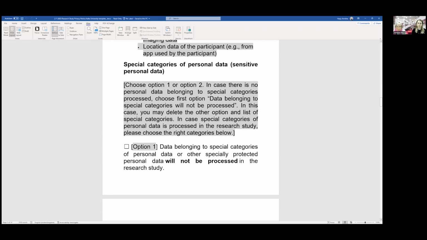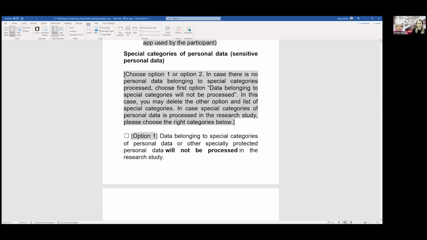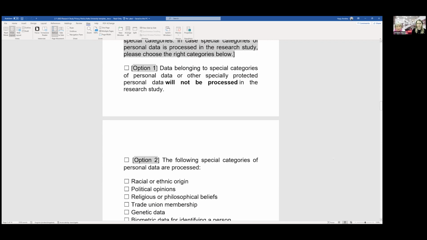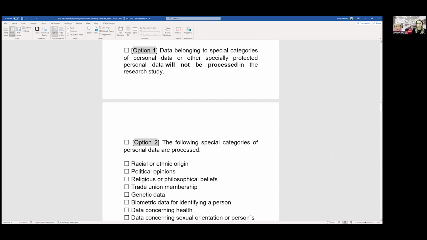And then the GDPR regulates special categories of personal data. And you have to specifically name these categories of personal data. If you don't have these categories, here you choose option 1, especially protected personal data will not be processed.